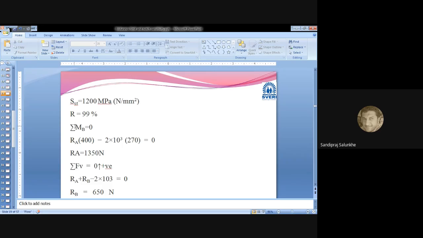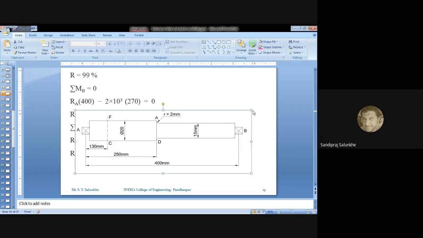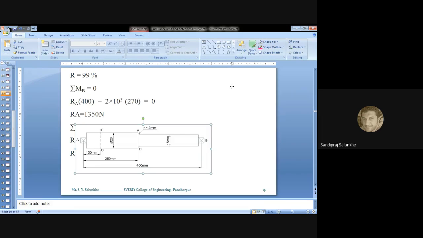So first of all, we will calculate the bending moment. The summation of all bending moments at point B is equal to 0. For stability, if the shaft is supported by bearings, it means it is not moving upward or downward. I will paste the shaft diagram which I already copied here.